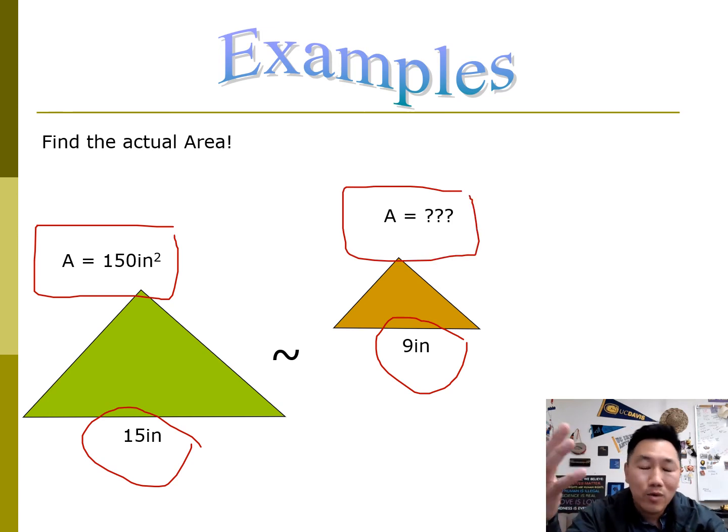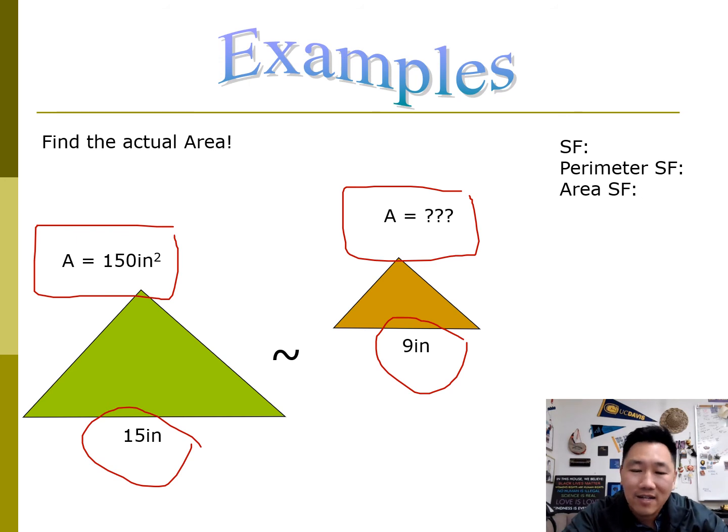All right, so there's no real formula to do this without using that property. Before we do this problem, let's go ahead and list out all the scale factors. We'll do the side scale factor, which is 15 over 9. Reduced it is 5 over 3. The perimeter scale factor, same, 5 over 3. And then the area scale factor, 25 over 9.